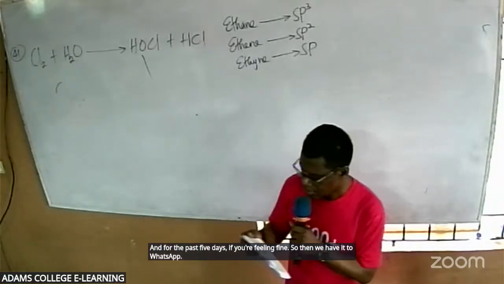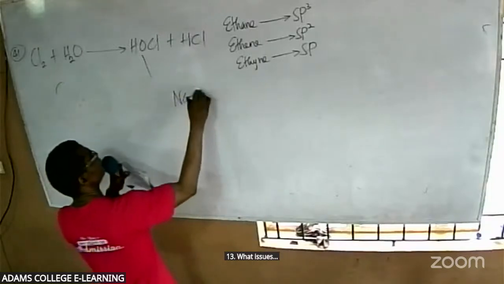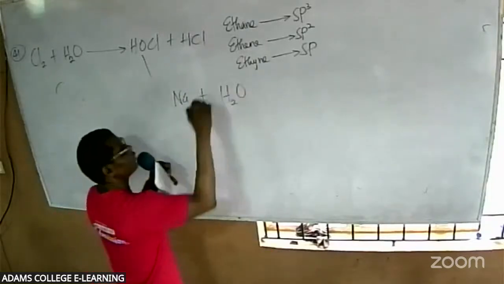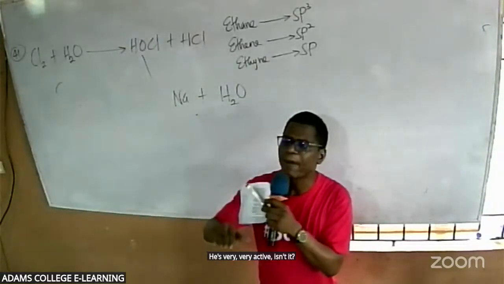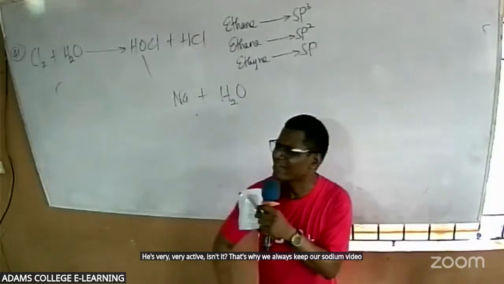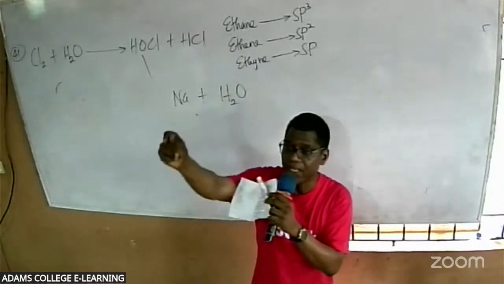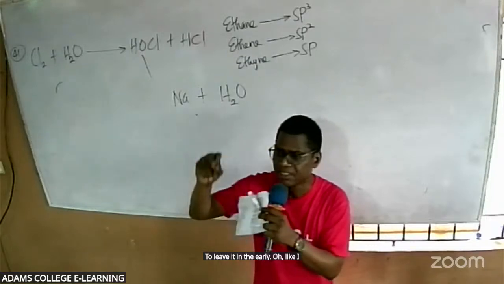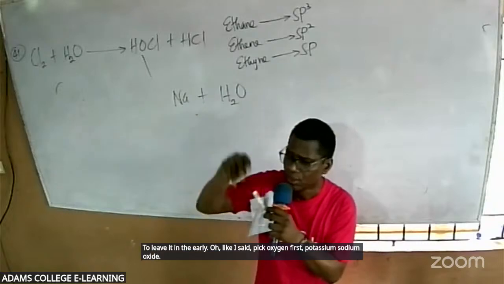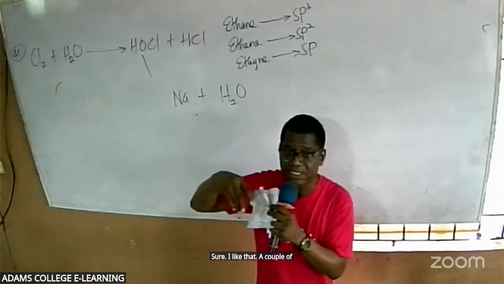Look at that. Water, H2O. Sodium is very, very reactive, isn't it? That's why we always keep our sodium under paraffin oil. We hide it. Leave it in air, it will pick up oxygen first, not sodium oxide, sodium hydroxide, and like that pick up carbon dioxide, sodium carbonate, and so on and so forth.